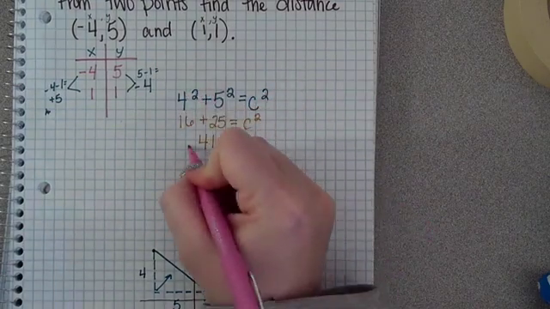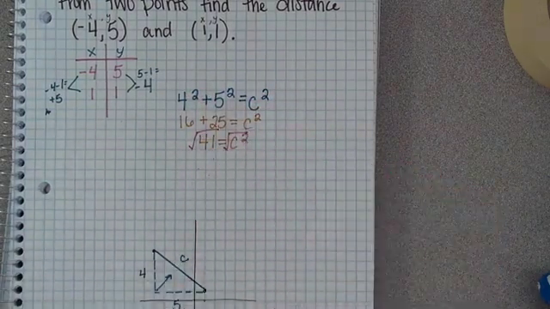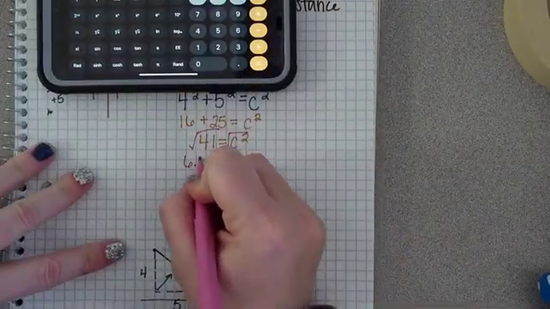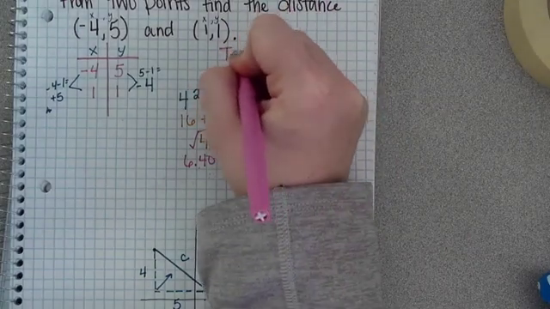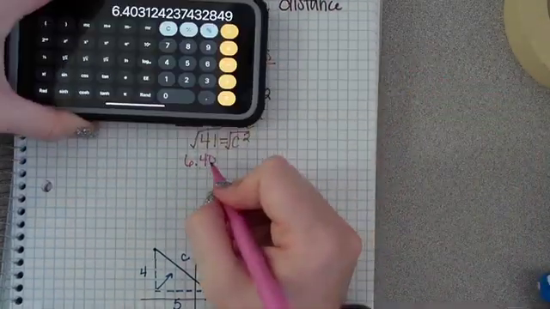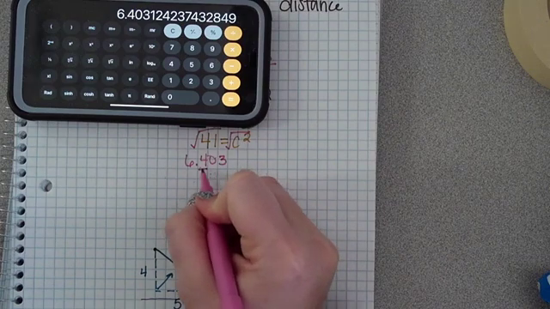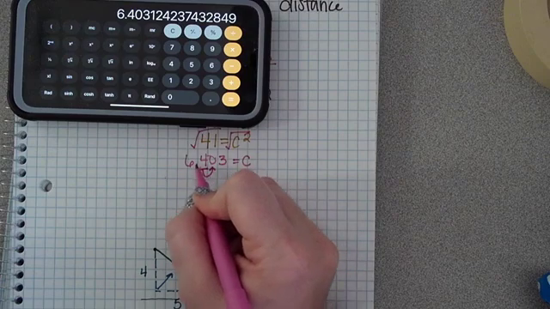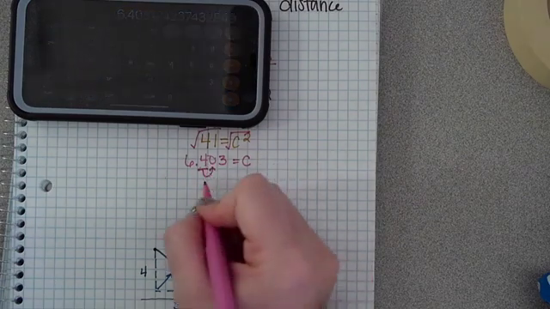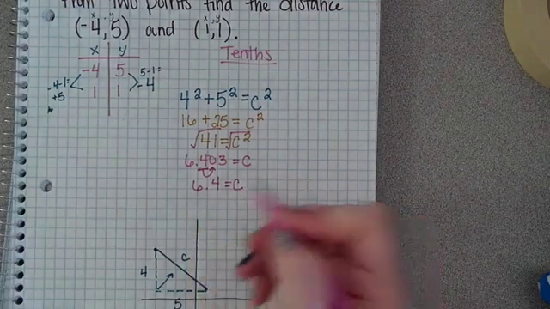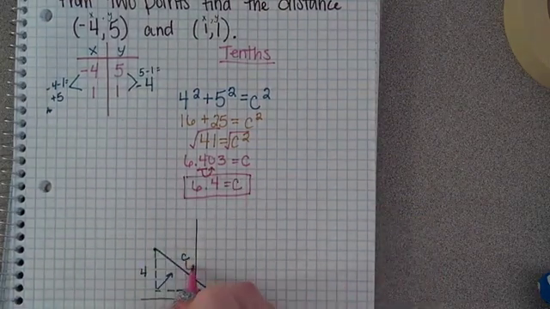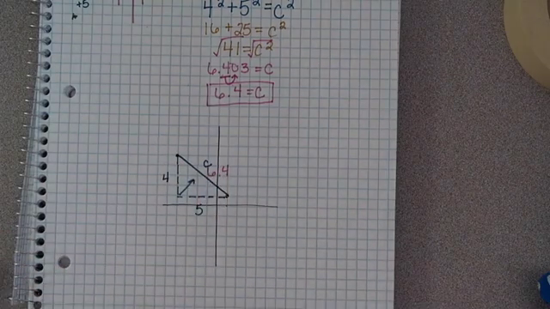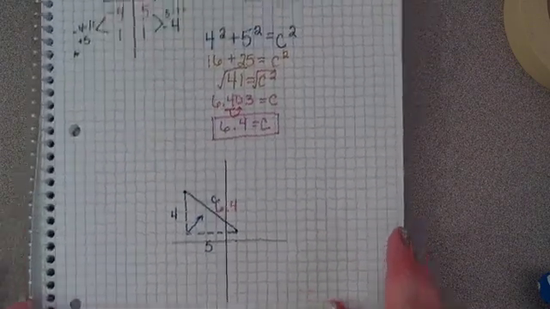And then we would take the square root. The square root of 41 is 6.403. This one will round to the tenths, so I'm going to look at only one decimal. The 6.40, that 0 makes the 4 stay a 4. So 6.4 would be your answer. Remember, it has to be the longest, and that is longer, so that's correct. So that is finding the distance between points.